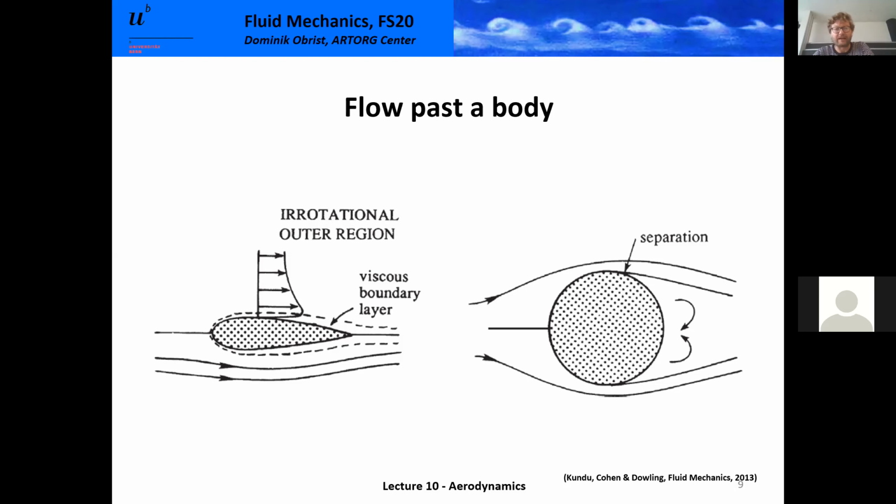And the flow separation is actually a point where the boundary layer on the upstream side along the wall is detaching from the wall. And we get this large thing, which is typically called a wake.